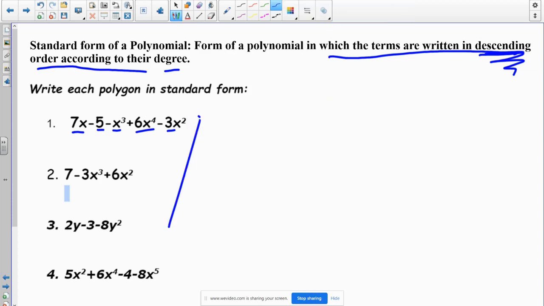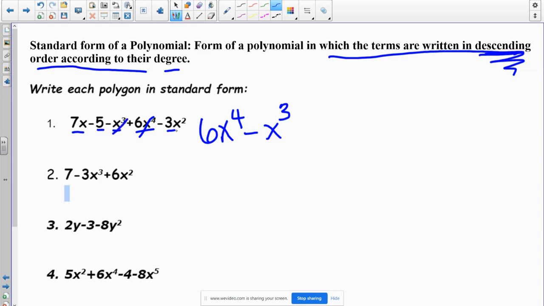It's going to be 6x to the 4th. So that term is done. Look for our next one. We have a degree of 3. So we're going to go negative 3x to the 3rd power. And you take the symbol, the addition or the subtraction, otherwise known as a positive or negative in this case when we're talking about terms, with that term.